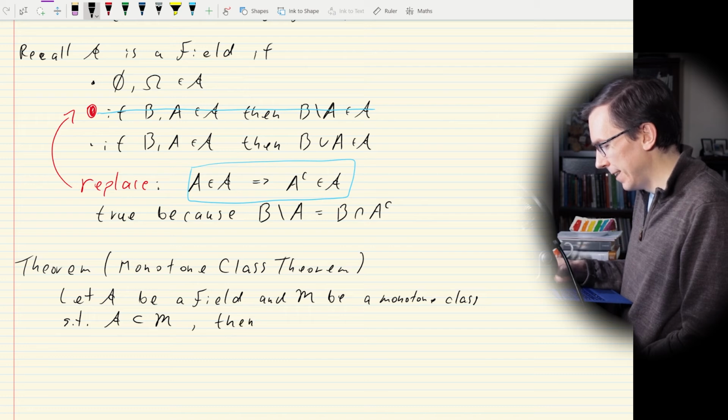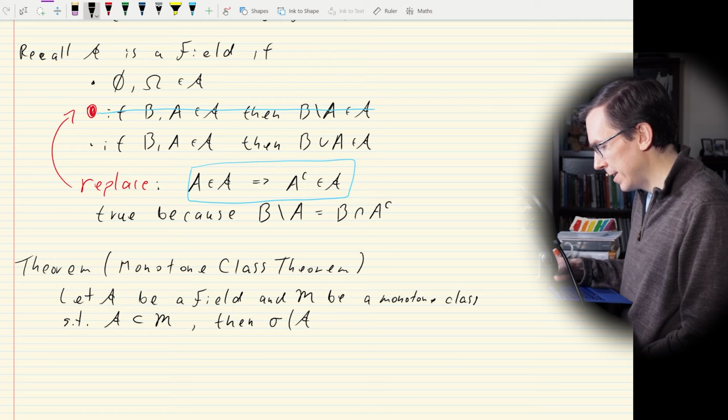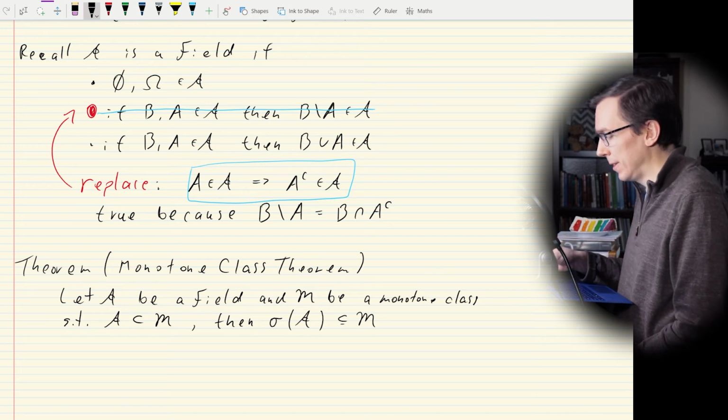Then the sigma field generated by A is contained, possibly equal to, possibly not, in the monotone class.